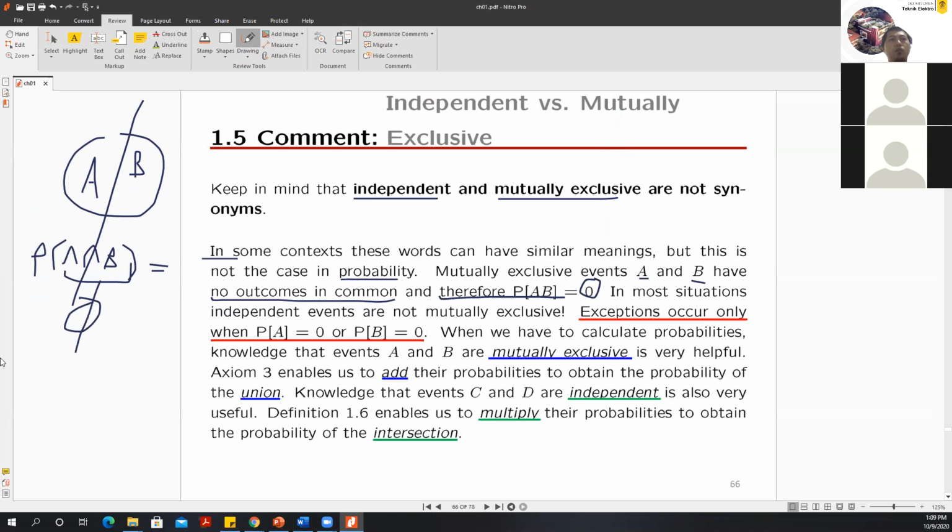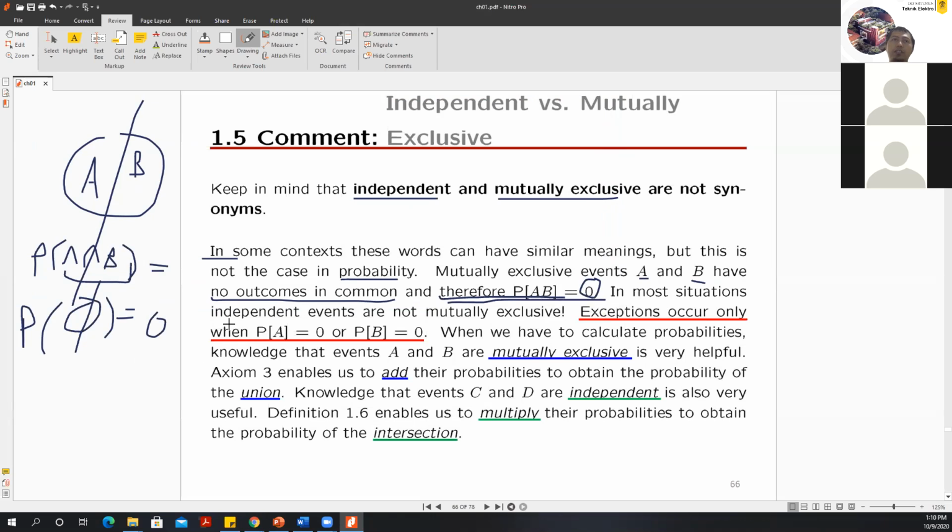There is no member. So the probability of null is 0. That's why for mutually exclusive A and B, the probability of A and B becomes 0.